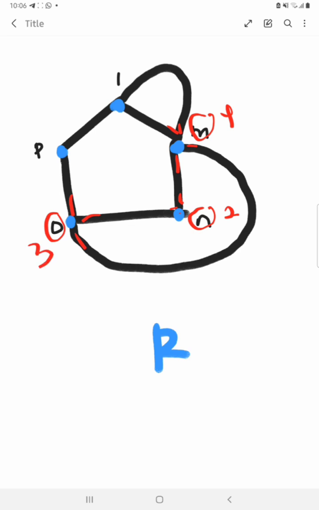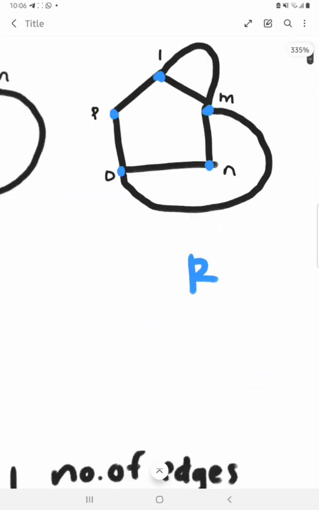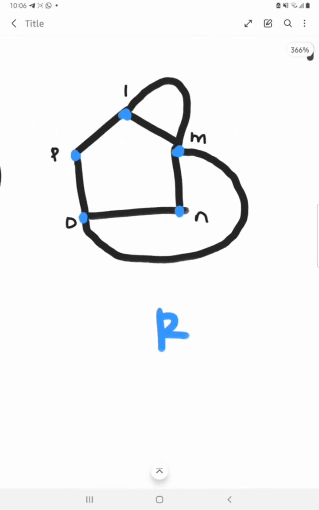So it matches. It may be isomorphic with the graph P, but we have to check the degree of other points too, not just point N. Okay, so we have to check each of the elements.